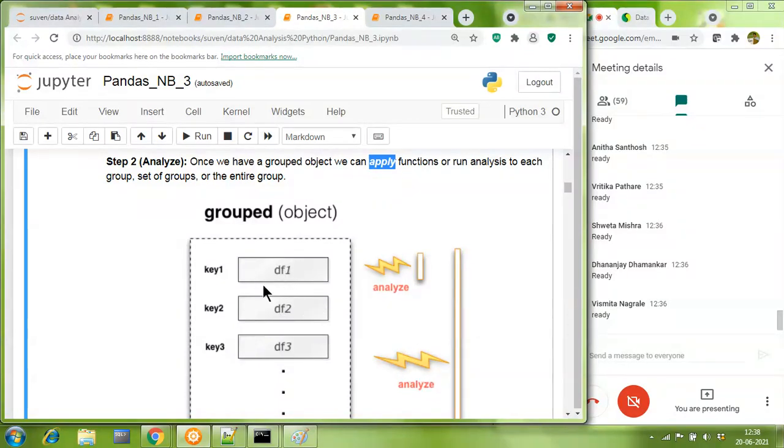The first data frame having all wines from US, second having all wines from Portugal, third having all wines, let's say, from Romania, so on and so forth. If you want to find the mean price, you'll just say function called mean. When you apply the mean function, it is not going to apply over the whole data frame. No, the whole data frame is no longer there.